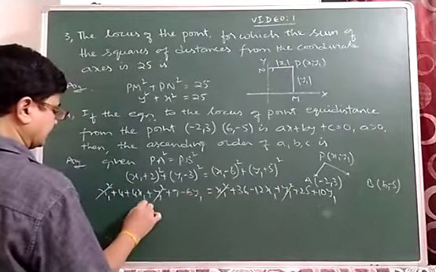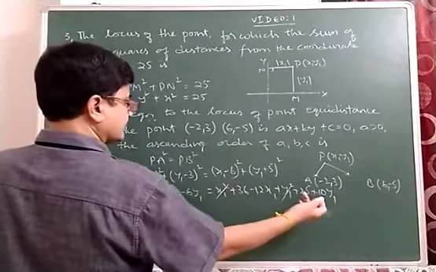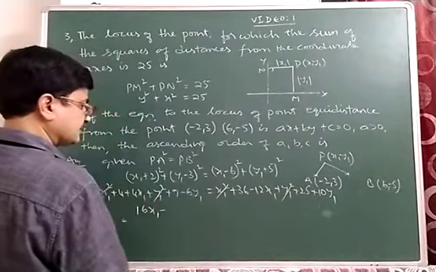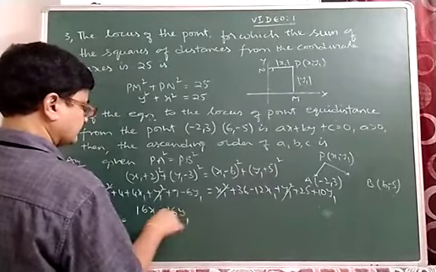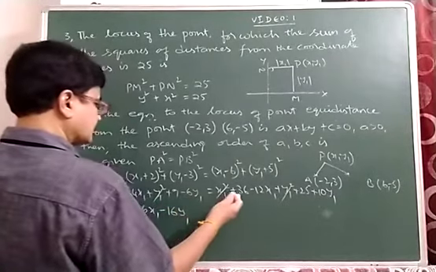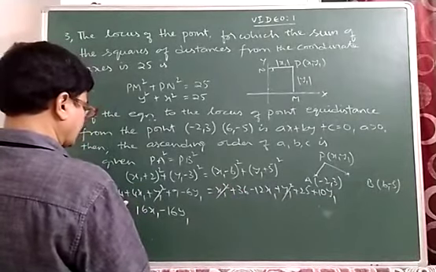plus 12, that is 16x1, minus 6 minus 10, minus 16y1, and then here it is 4 and 25.